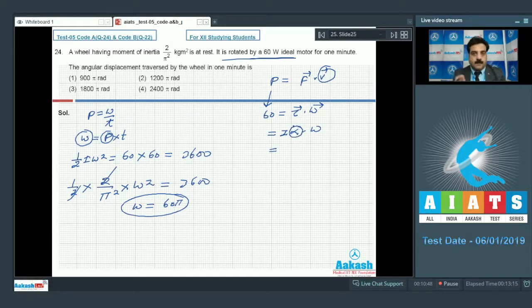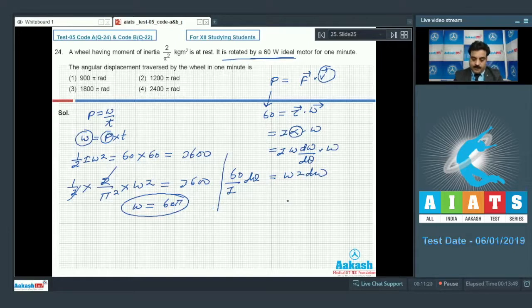And when angular velocity is a function of angular displacement, then I can write I omega d omega over d theta, just like when velocity is a function of position, then acceleration is given by v dv over dx. So that is into omega. So I have omega square d omega on the left hand side, 60 divided by the moment of inertia I, and d theta. So this is the equation.